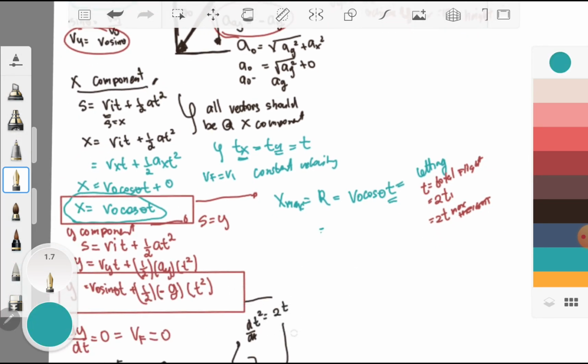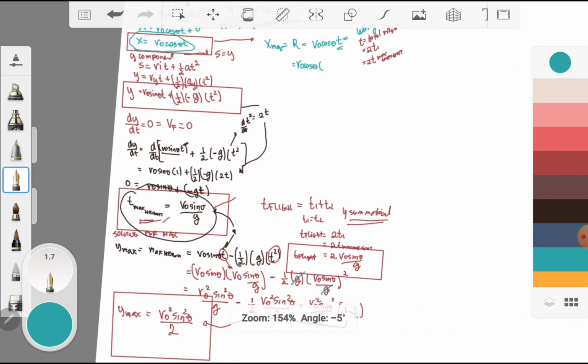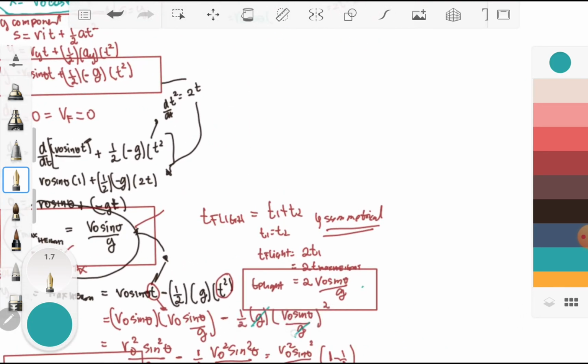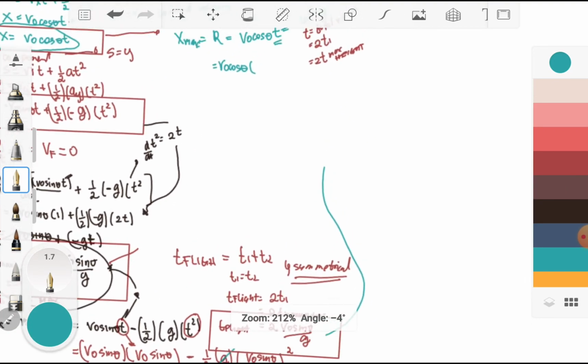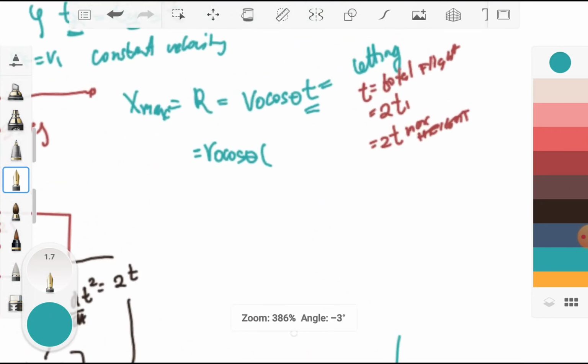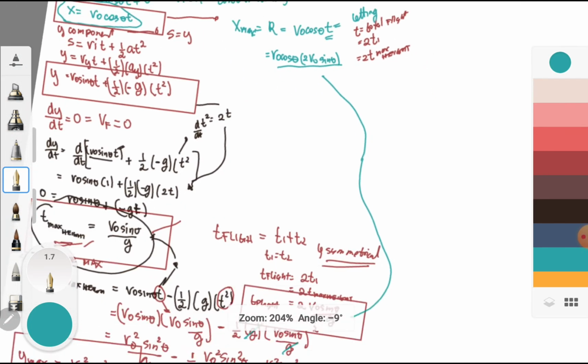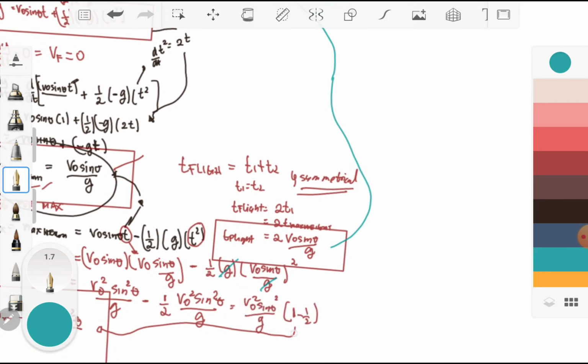So therefore, we have VO cosine theta multiplied by our t, which is equal to 2 VO sine theta all over our G.